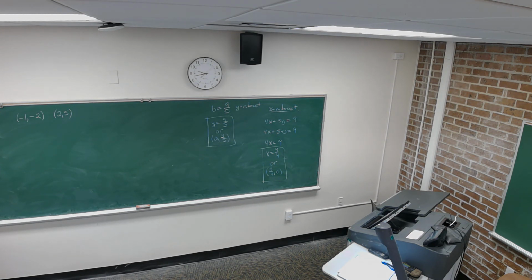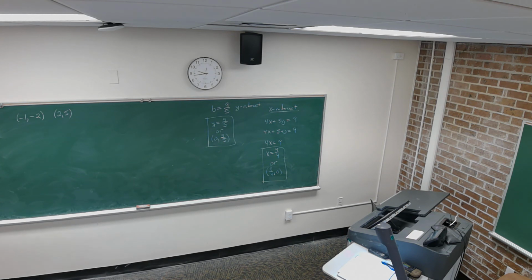Right, so there's the point (2, 5). And this may not be drawn to scale, okay? It almost certainly doesn't go through the origin. But the line looks something like this. The graph of the line looks something like that.